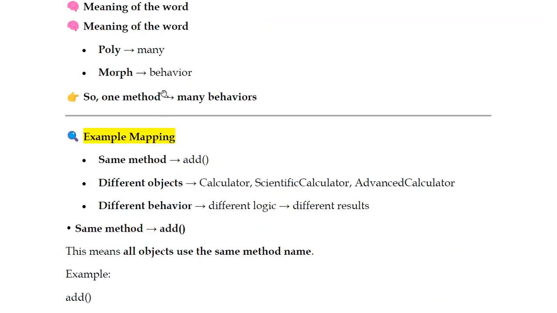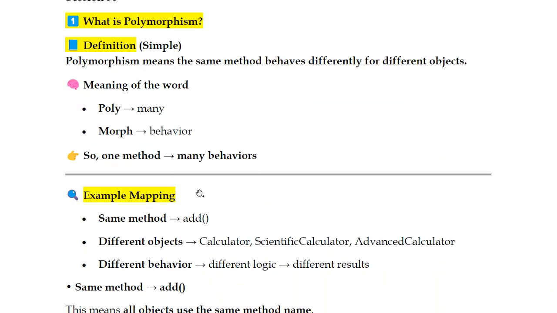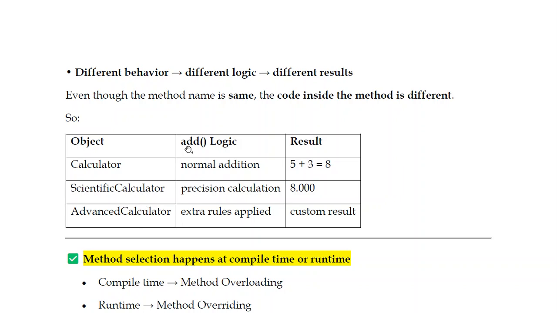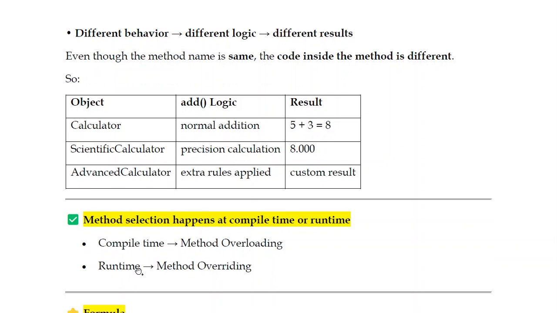I hope you are clear with this session. We have discussed what poly and morph mean. Poly means many, morph means behavior. We divided and explained polymorph clearly, and explained the definition. After that, we explained with the real-time tabulation, and also explained compile time and runtime.